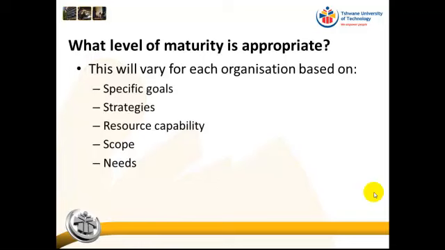And so once we've gone through the maturity model, you will ask yourself, but now what level of maturity is appropriate? Should each organization be at level 5? Now, the level of maturity that you aspire to and that you want your organization to be at will vary from organization to organization, and it's based on the specific goals of that organization.